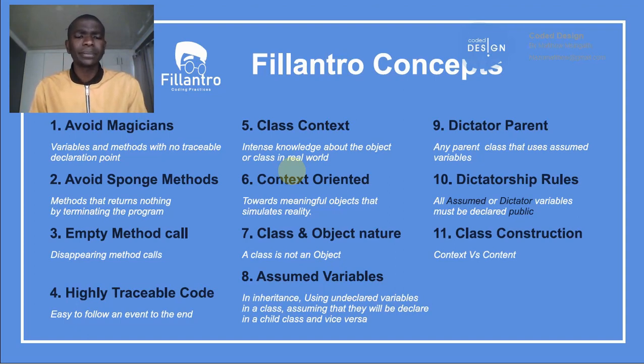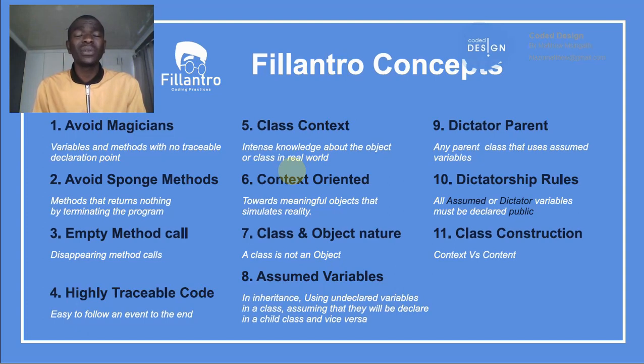Number 4, highly traceable code. Obviously we talk of clean code, and clean code means this to this developer and that to that developer, and we've got different views about the same thing. In my own understanding, I would like to believe a highly traceable code is a foundation, a building block of clean code.